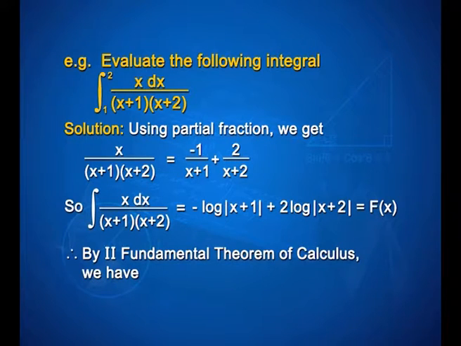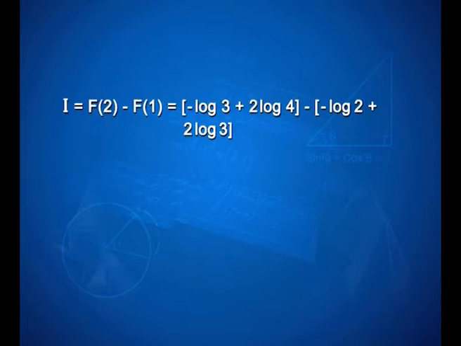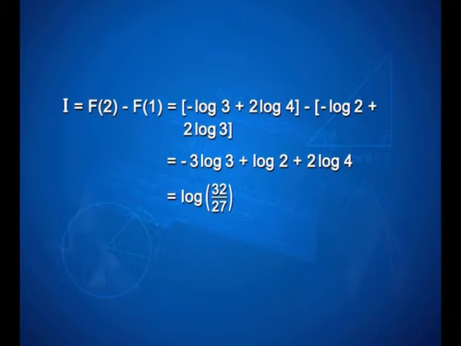Therefore, by the second fundamental theorem of calculus, we have integral is equal to F(2) minus F(1), that is equal to minus log 3 plus 2 log 4 minus (minus log 2 plus 2 log 3), that is equal to minus 3 log 3 plus log 2 plus 2 log 4. On solving, we get log of 32 upon 27.